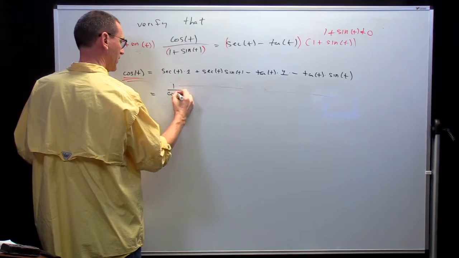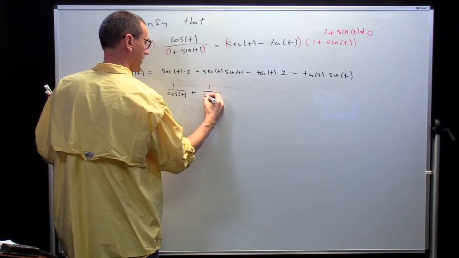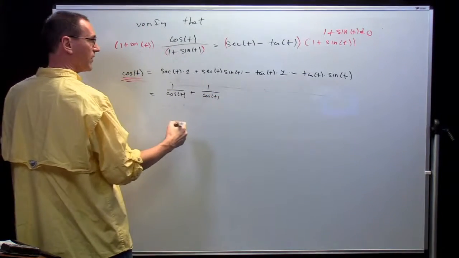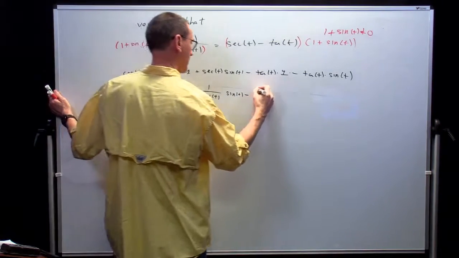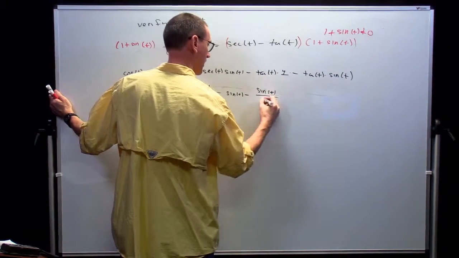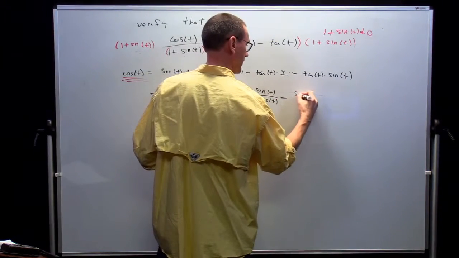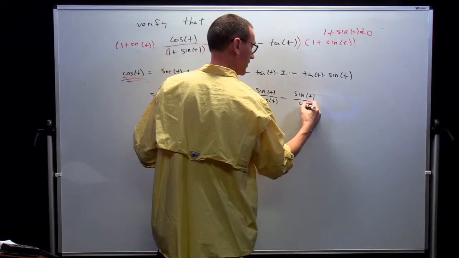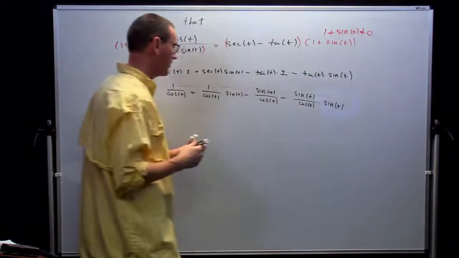Secant is 1 over cosine times 1. Again, secant is 1 over cosine. Tangent is sine divided by cosine. And I just said that tangent is sine divided by cosine, like so.